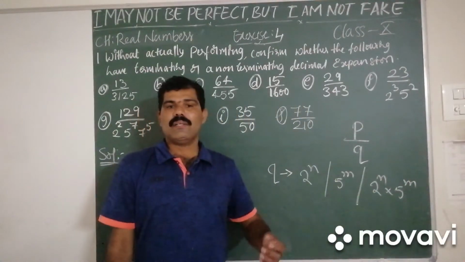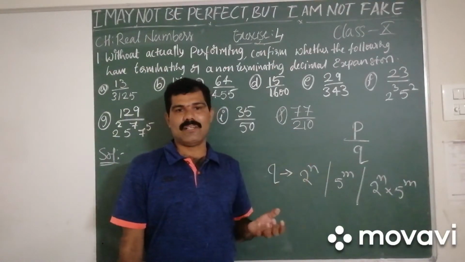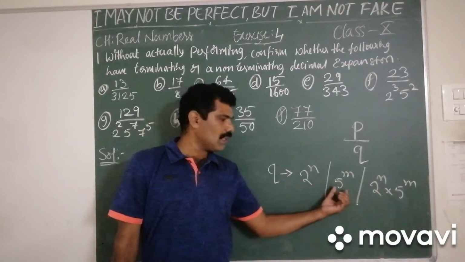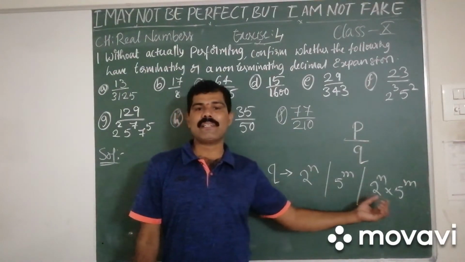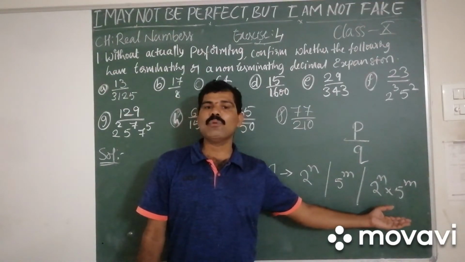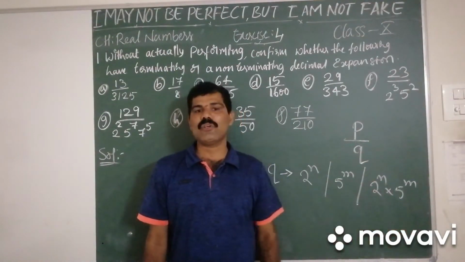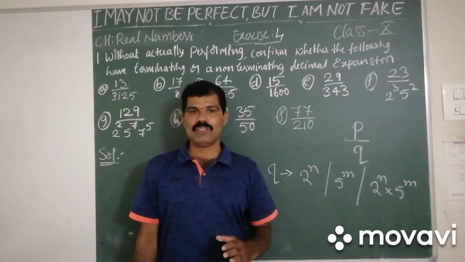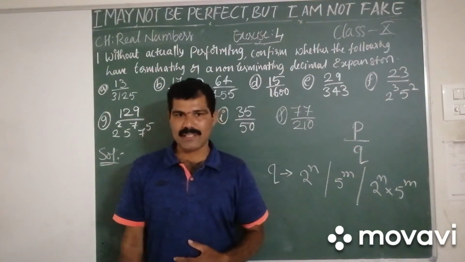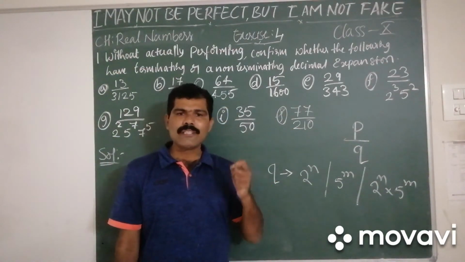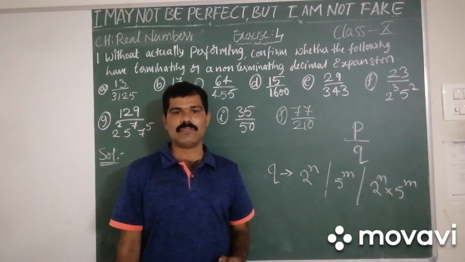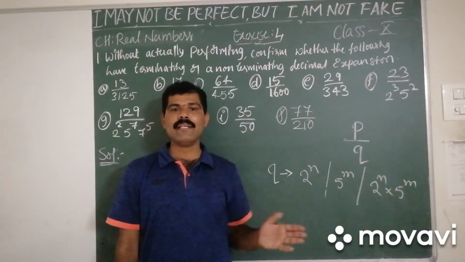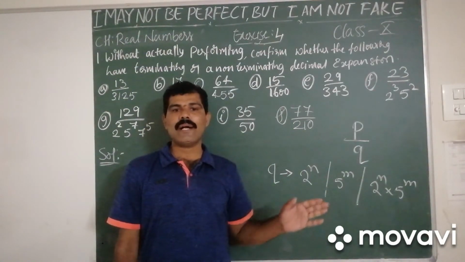Means if the denominator has prime factors only 2 or only 5, that is, our denominator can be written as a product of 2's and 5's, then surely the given rational number gives you a terminating decimal. If not, it gives you a non-terminating decimal. The denominator should have only 2's or only 5's or a combination of both 2's and 5's. It should not have any other prime apart from 2 and 5.